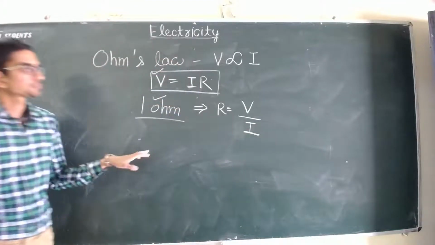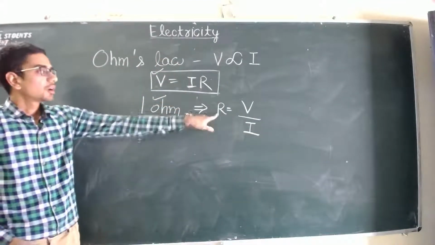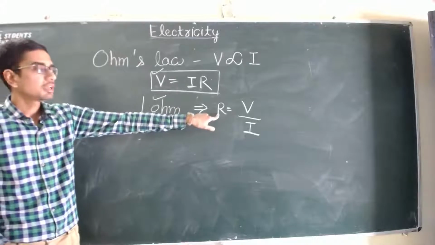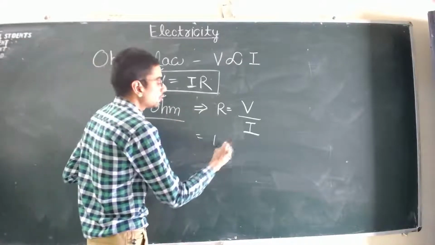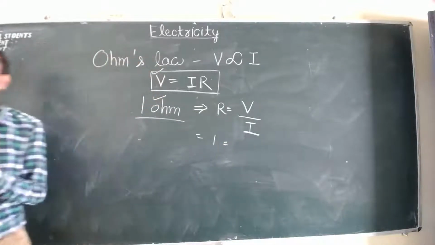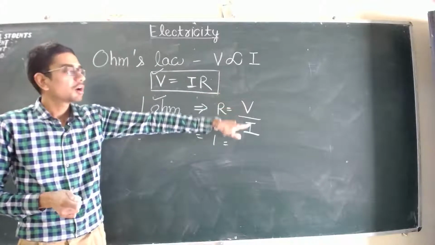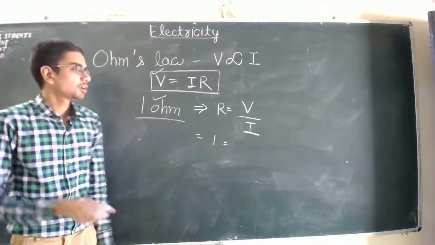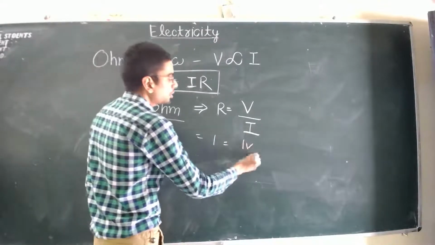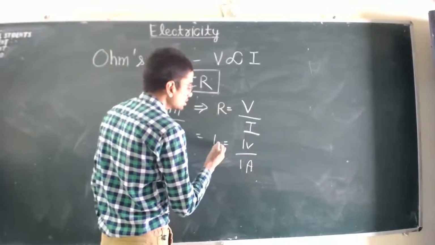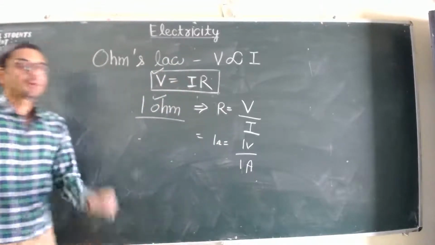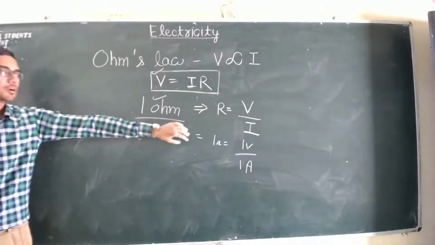Okay. Now, ohm is unit of R. ठीक है। So 1 ohm रेजिस्टेंस कब होगा, जब वोल्टेज 1 वोल्ट होगी और करंट भी 1 एम्पियर होगा। 1 volt upon 1 ampere is 1 ohm. Now define 1 ohm.